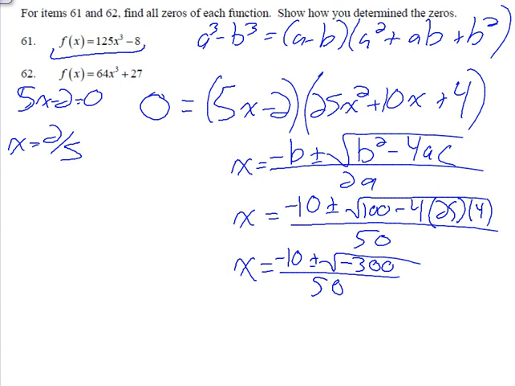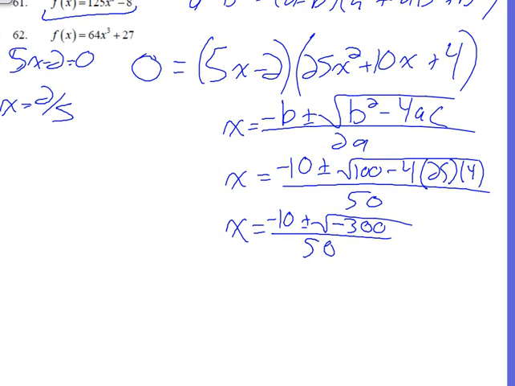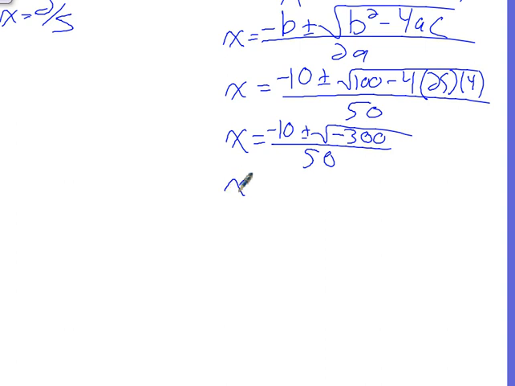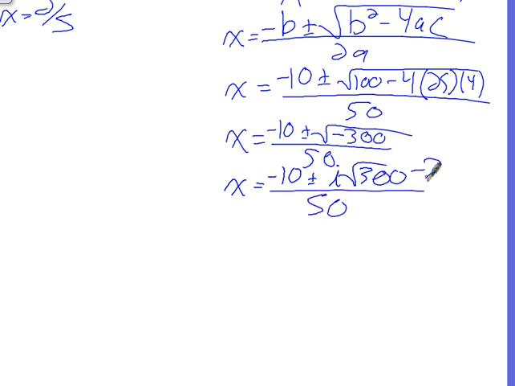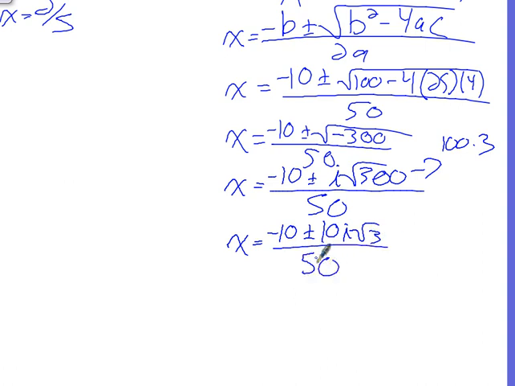Now when we have a negative under a square root, first thing we want to do is take out that i. So negative 10 plus or minus i root 300 over 50. And then 300 we can change to 100 times 3. Square root of 100 is 10. So I get x equals negative 10 plus or minus 10i root 3 over 50. I can cut a 0 from each of these.